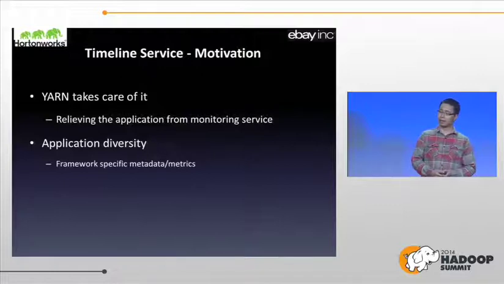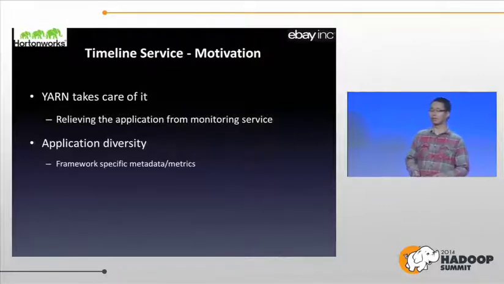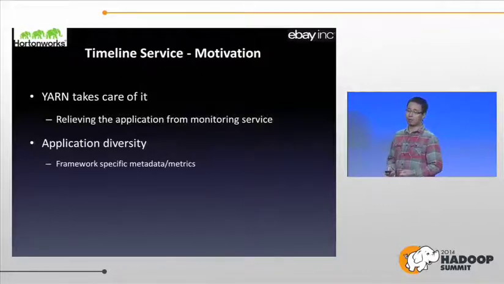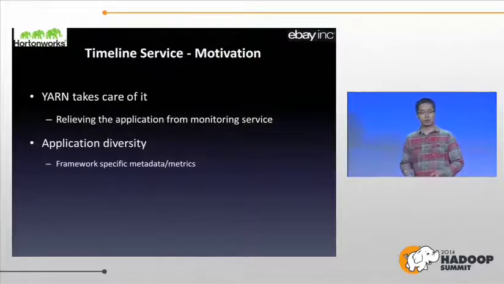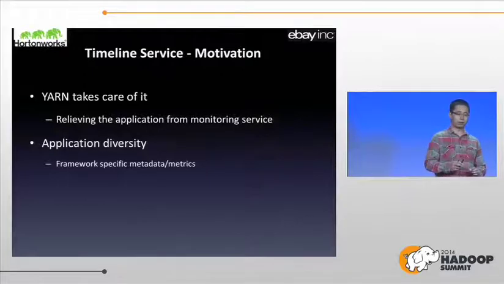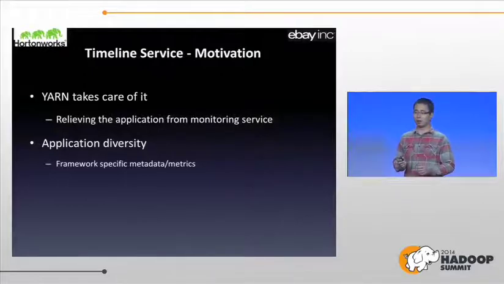The second thing is for the application diversity. Now you can see we have a number of different applications running on the Yarn platform, such as MapReduce, Storm, Spark, Tez. Different applications have completely different logic and workflows. They have some unique information, which only makes sense to their application.